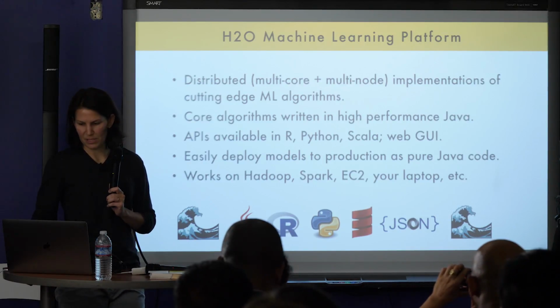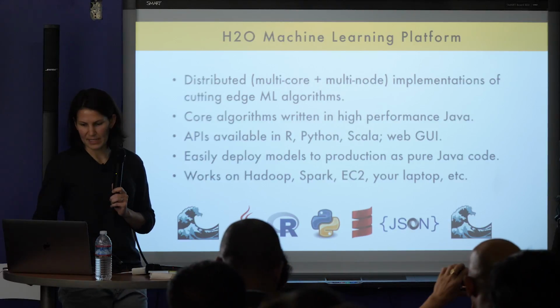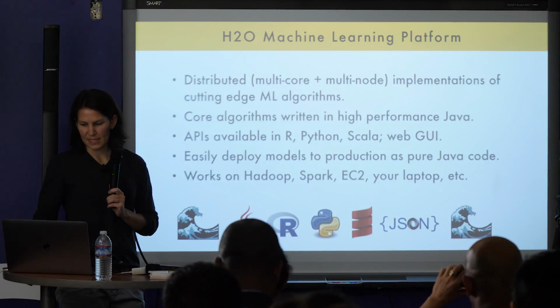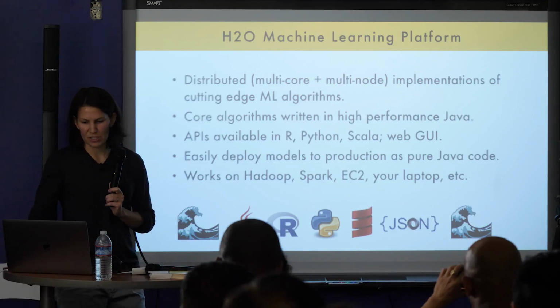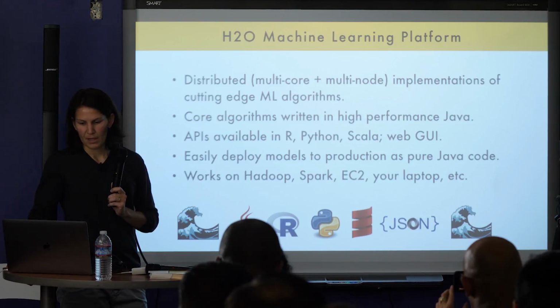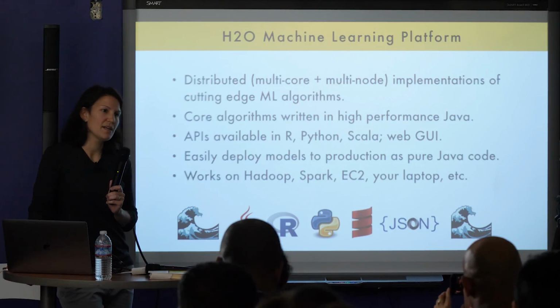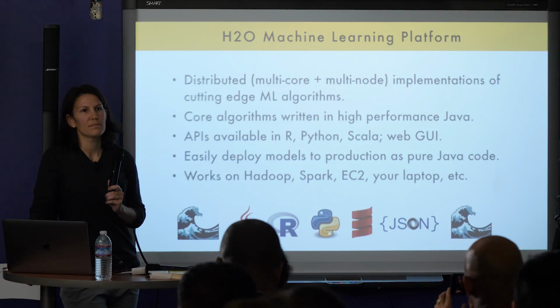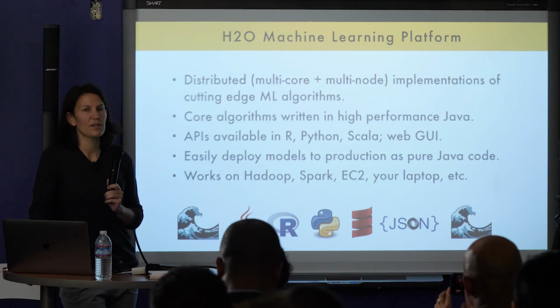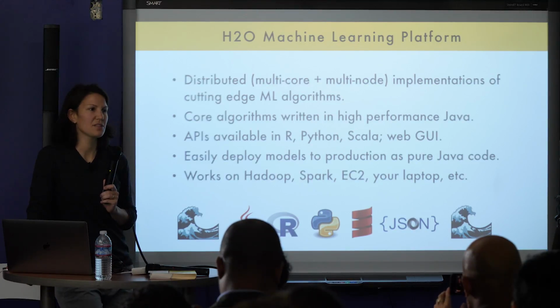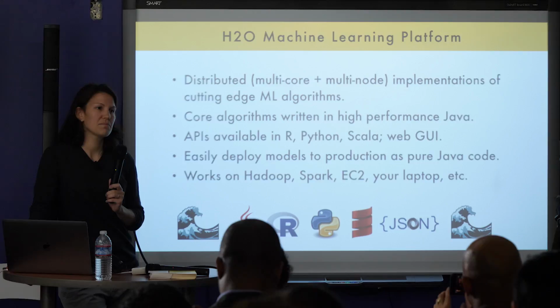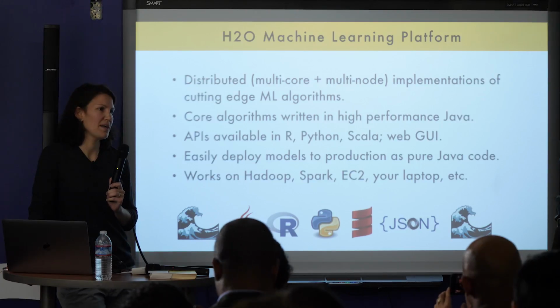All the algorithms are written in Java, but we have APIs, as I mentioned, in all the data science languages. One of the other unique aspects of H2O, in contrast to some other libraries that are only in R or Python, is productionizing. Some people might productionize R or Python models, but it depends on your use case.